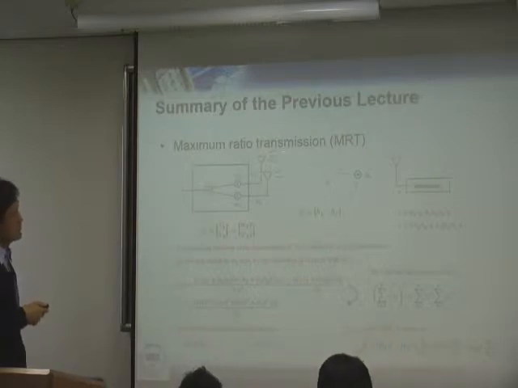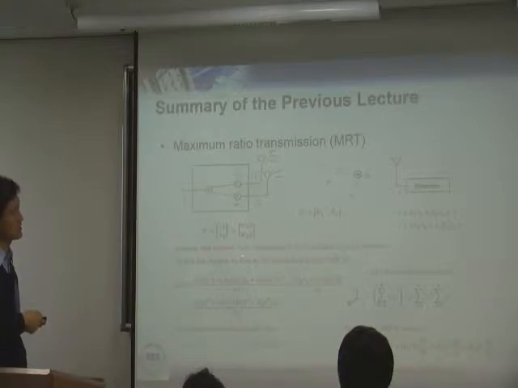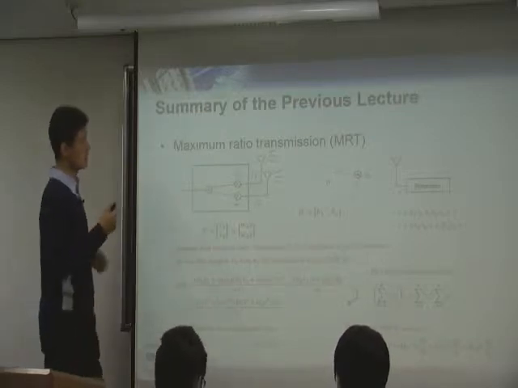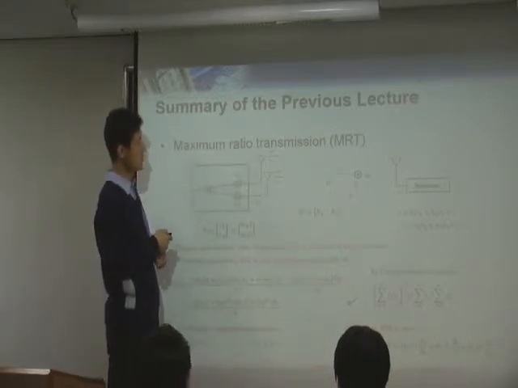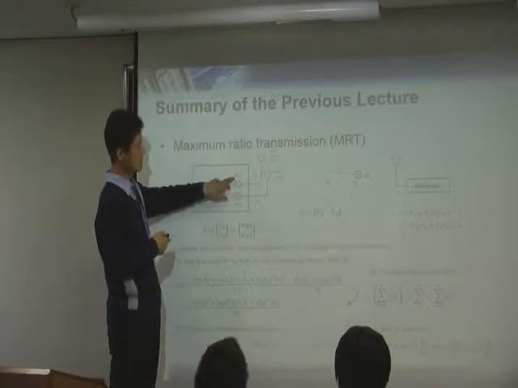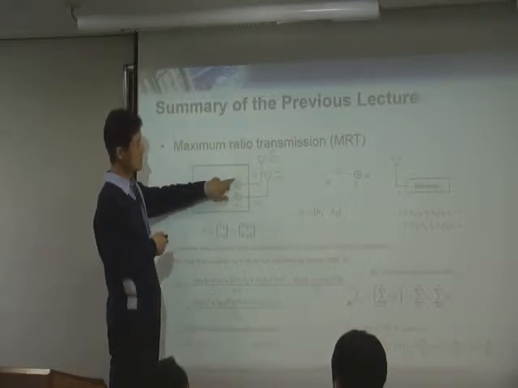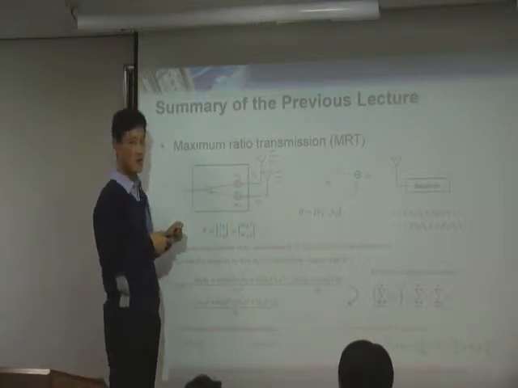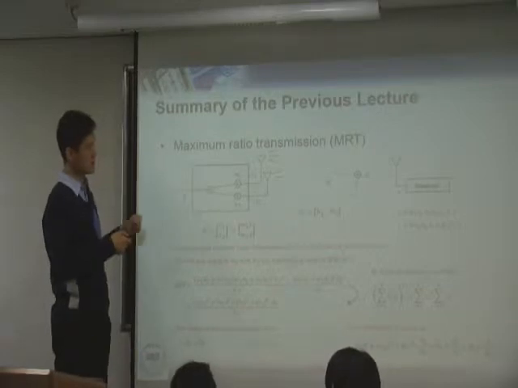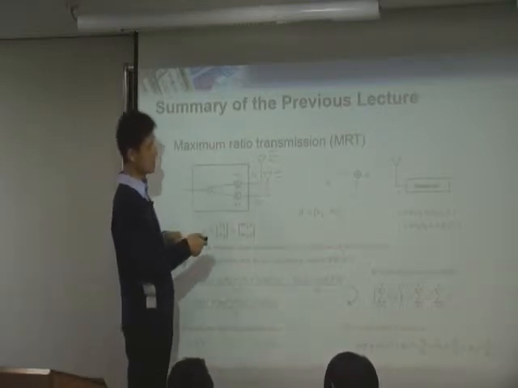In order to do this MRT, what we have to assume is that the channel state information is available at the transmitter. The reason is that if you remember the maximum ratio combining case, what was the optimal gain? For example, omega 1 equals H1 complex conjugate, which means you need to know H1 and H2.